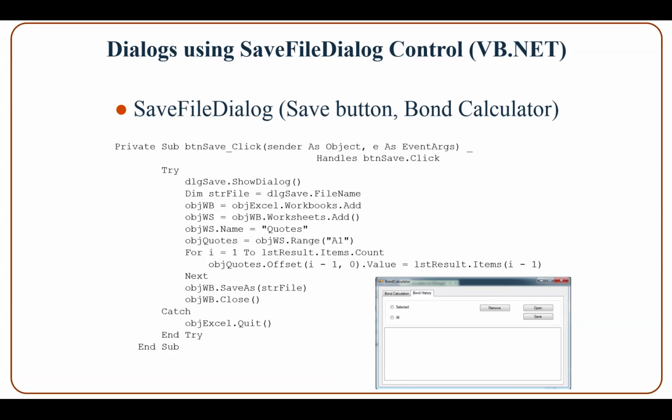Previously, you had to fix the file names in the code for the open and the save buttons. Now you want to display the open file dialog when you click the open button, and the save as file dialog when you click the save button.